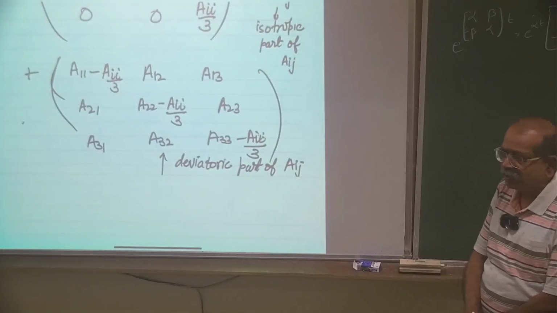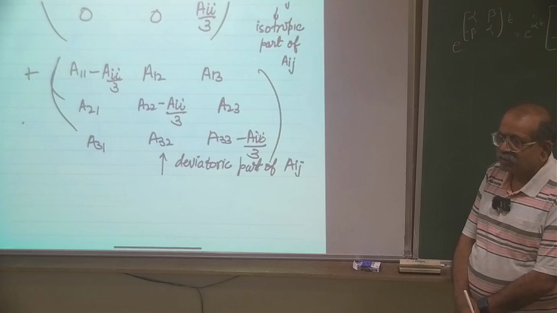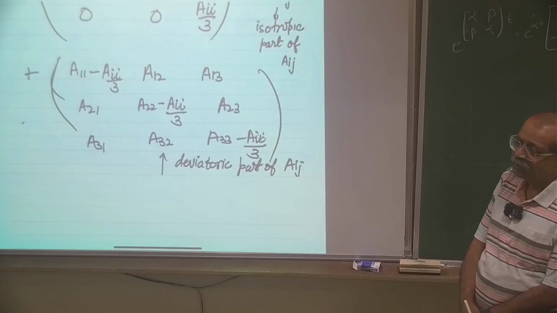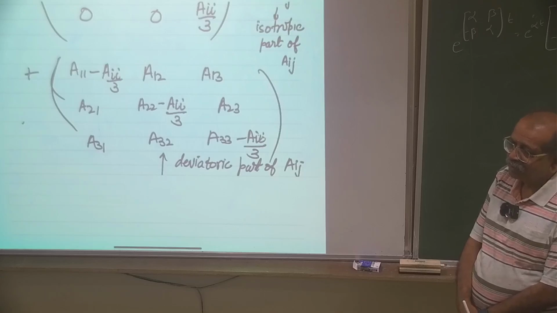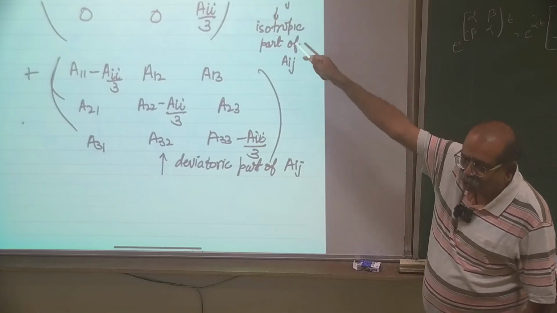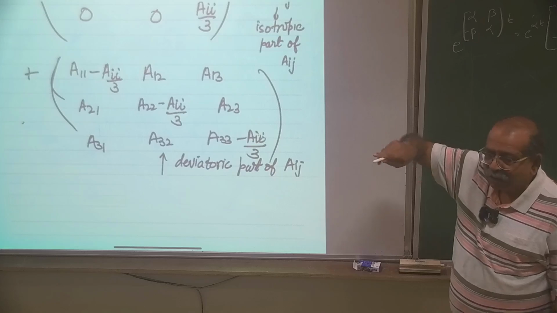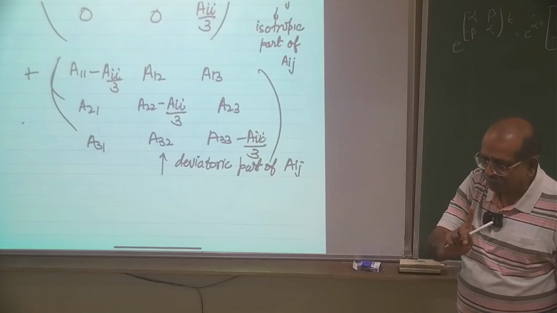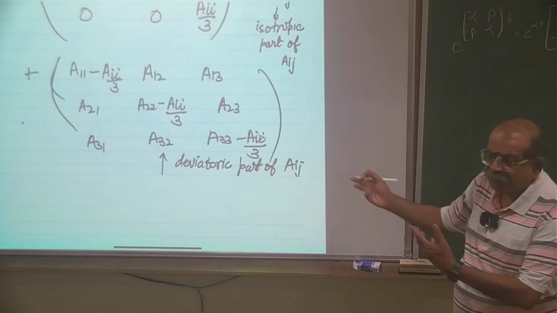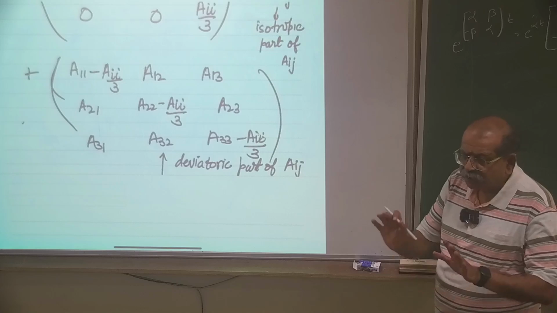That makes it 10. Okay? So how come we have got one extra component? The first one has AII by 3, so there is one component there. And there are 9 components in the second part. So totally I have got 10 components.